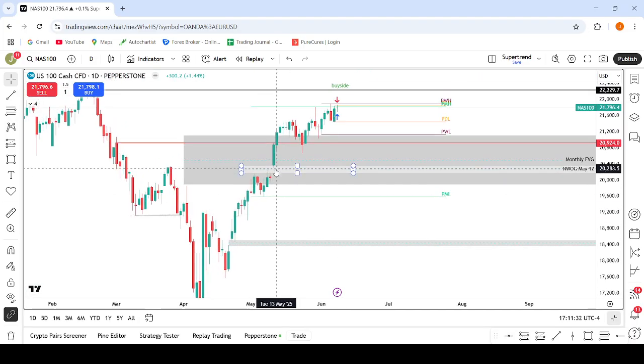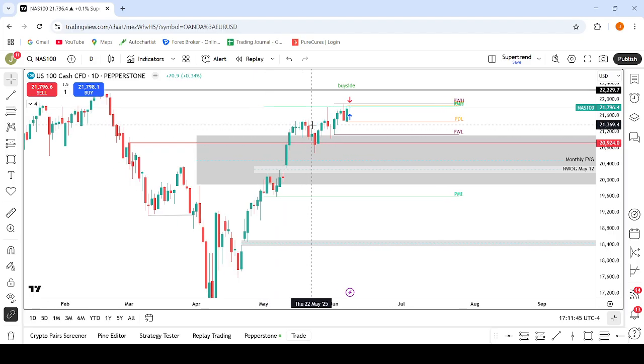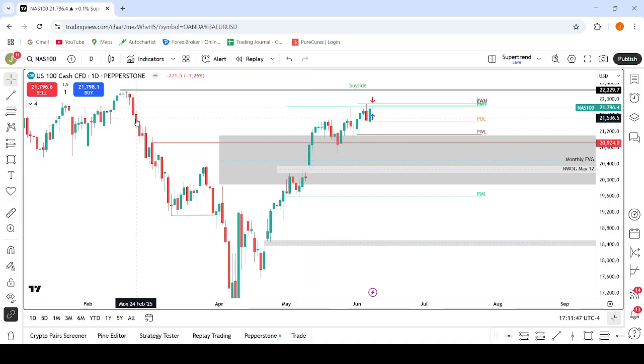We saw that new week opening gap here, and we have this BC here, which is traded into, and we've continued up into this series of imbalances over here.